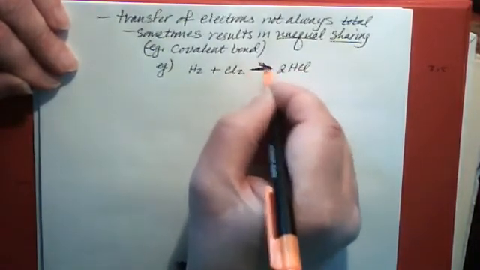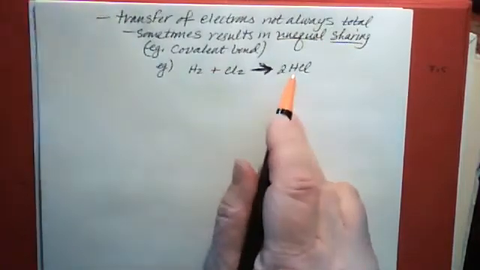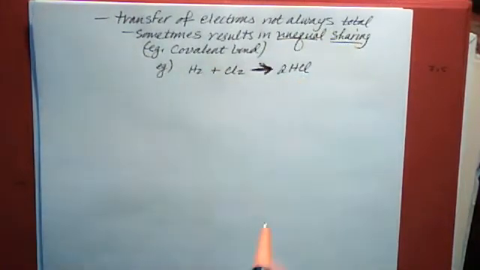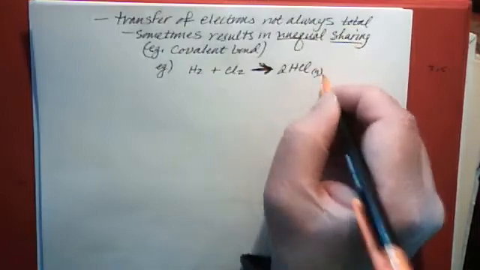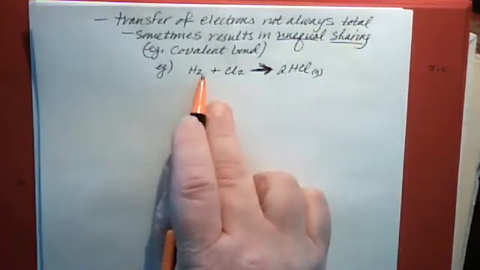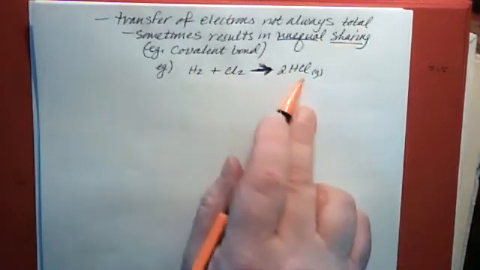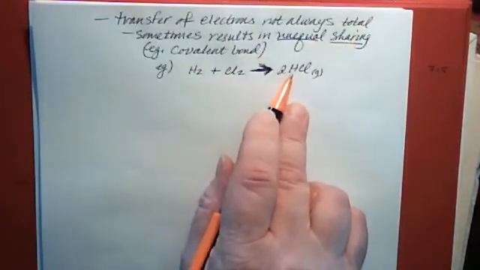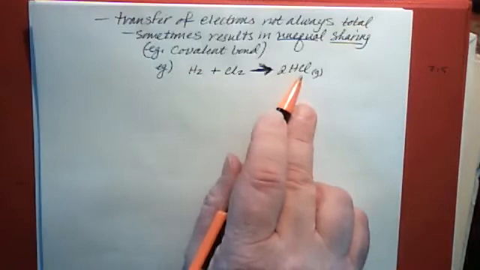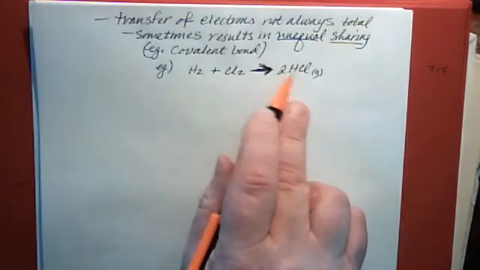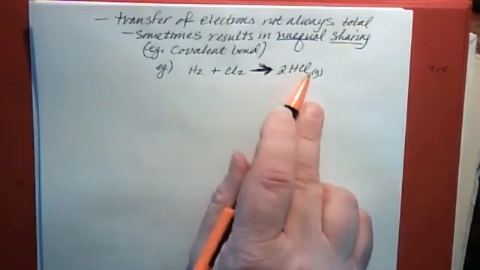Okay, try and make an arrow here. Hydrogen chloride. Hydrogen chloride, if it's a gas, and it probably would be if you're making it from hydrogen gas and chlorine gas, is a covalently bonded compound. And so in other words, it's not ionic.